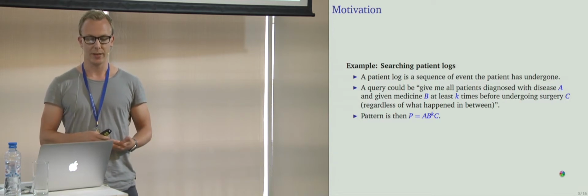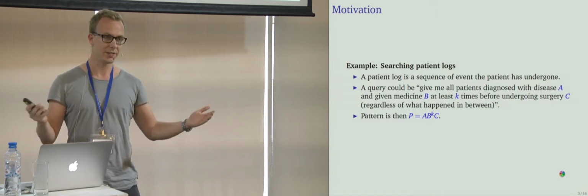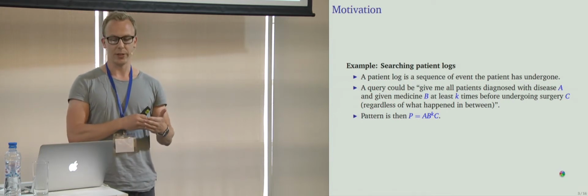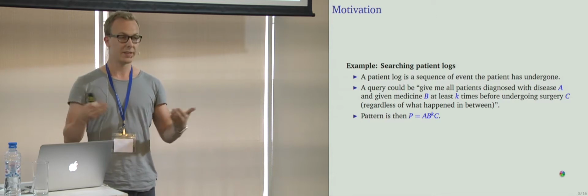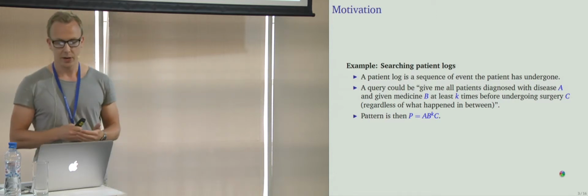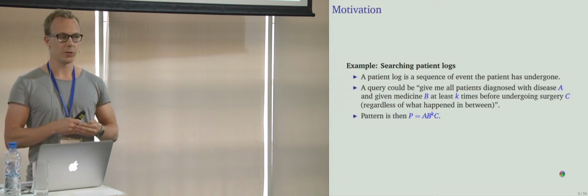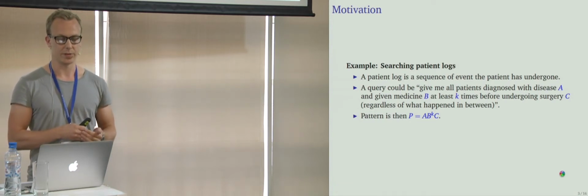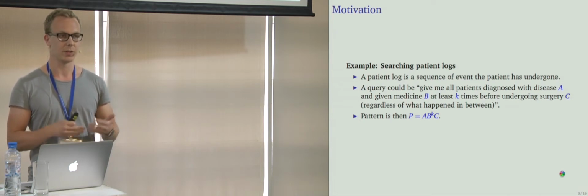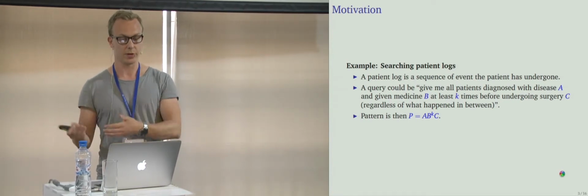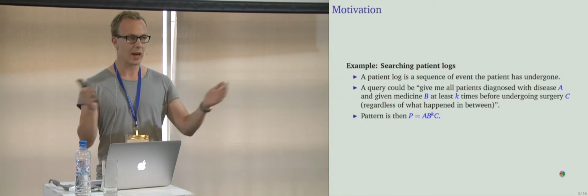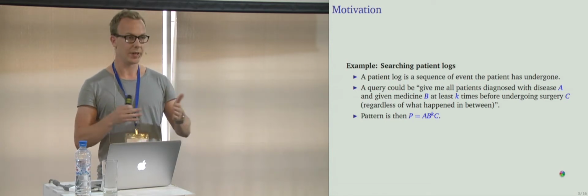Like, for instance, in this example, if we have a bunch of patients in a hospital and we maintain a log of the events that each patient has undergone, then we might want to ask a question like, give me all the patients that are diagnosed with some disease A, and then given some medicine B at least K times before undergoing surgery C, regardless of which other events happened in between.